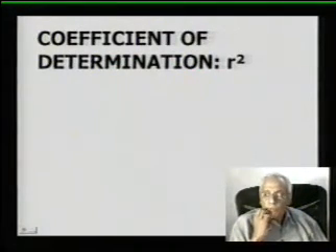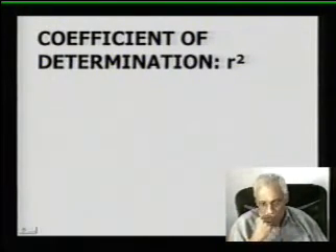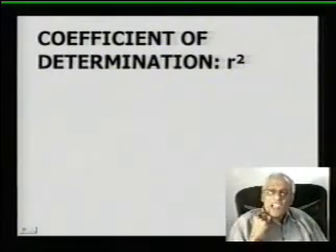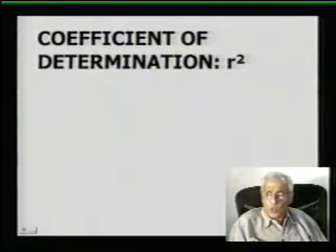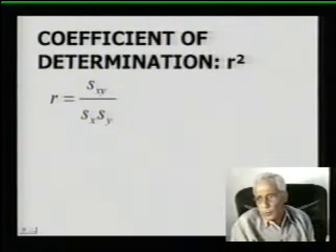Now we introduce a very commonly known term, the so-called coefficient of determination, or R squared. Earlier in this chapter, we introduced R. Well, R squared is the square of R. So why are we dealing with the square of R if we already know R?